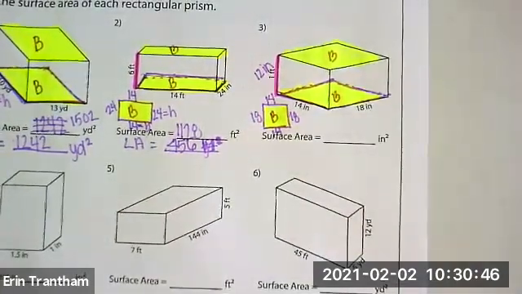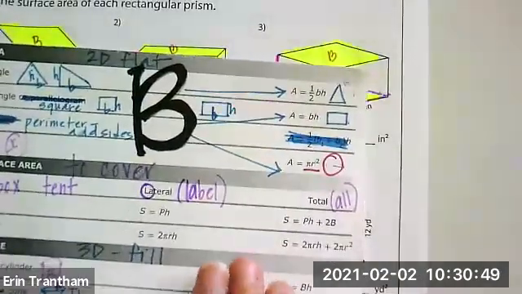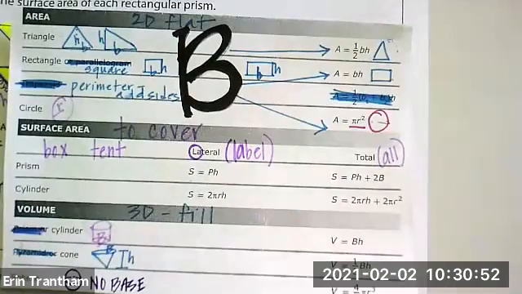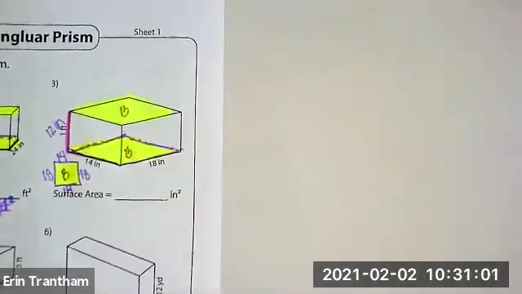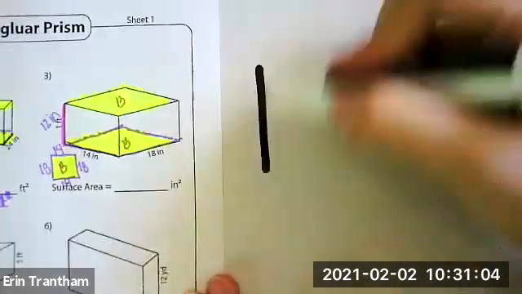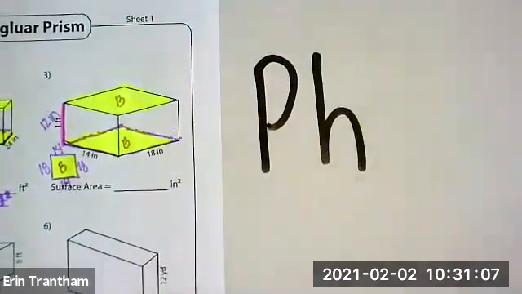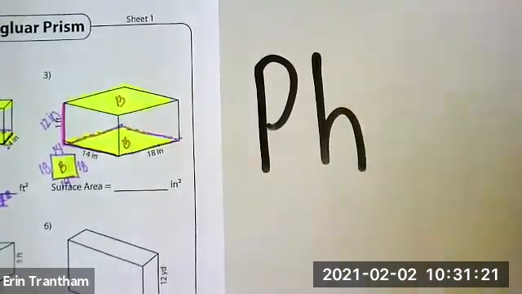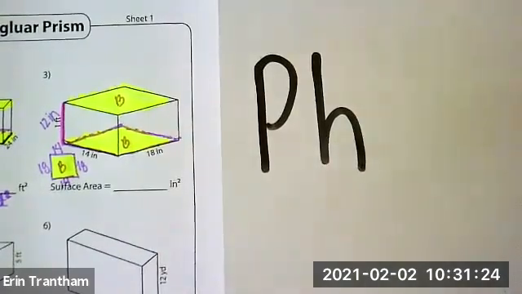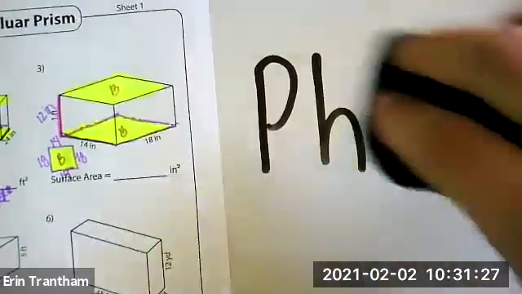Okay. So let's look at our formula chart. What is the formula for lateral surface area of a prism? Big P H. Okay. Big P H. What does big P stand for? The perimeter. So let's find the perimeter of the base. 14 plus 18 plus 14 plus 18. What did you get? 64.